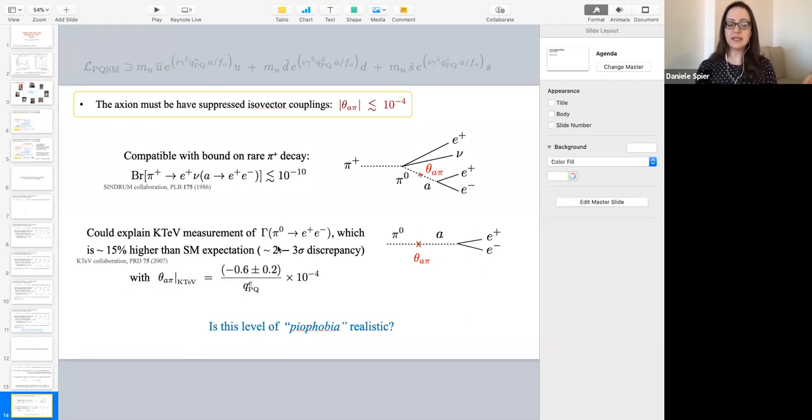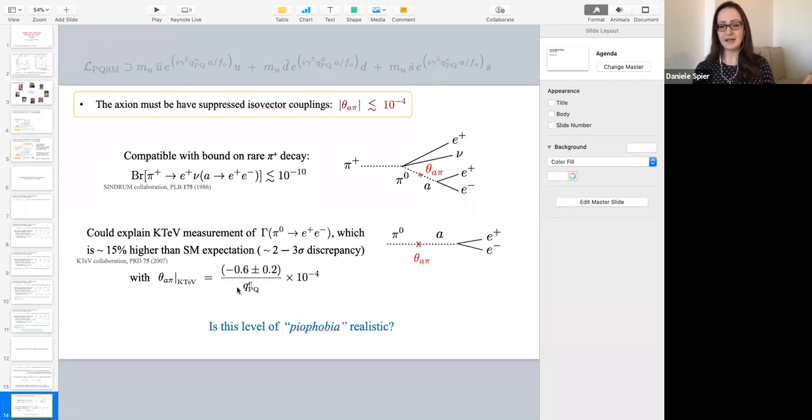This discrepancy is at the level of significance of 2 to 3 sigma. It's about 15% higher than the theoretical standard model expectation. And of course, you can make up for this discrepancy by saying that there is an extra contribution to this width coming from axion-pion mixing. And the level of mixing that you need to explain this is a little less than 10 to the minus 4.